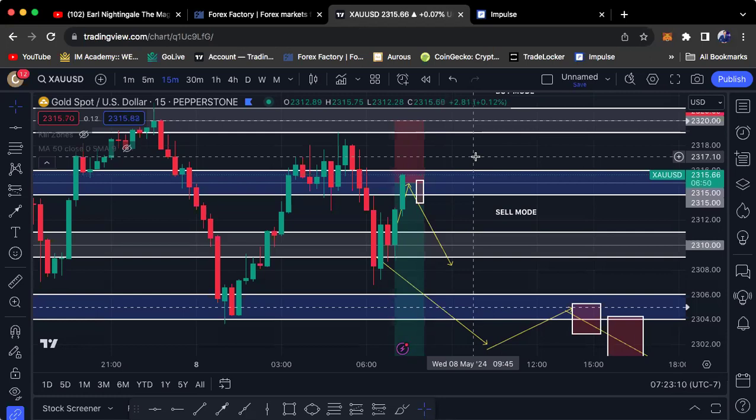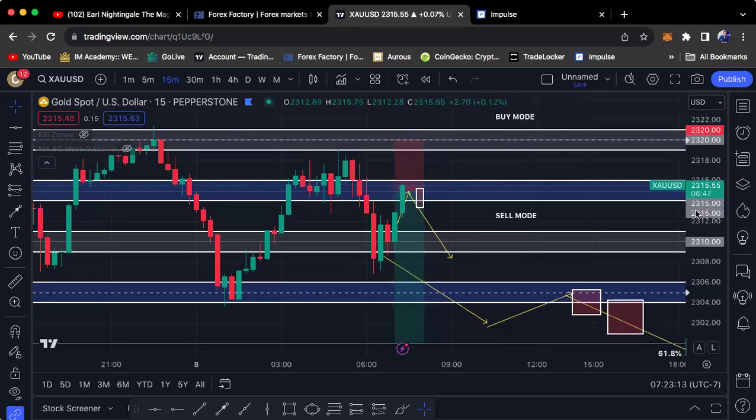And make sure that you're trading at your own risk. All right. And stop loss, 50 pips, 23.20, just so that way it can give me enough breathing room in case it wicks. The price is still within my zone. It hasn't broken above yet.